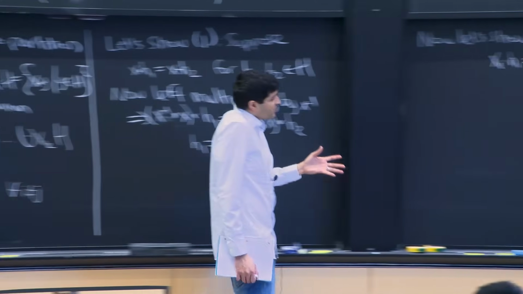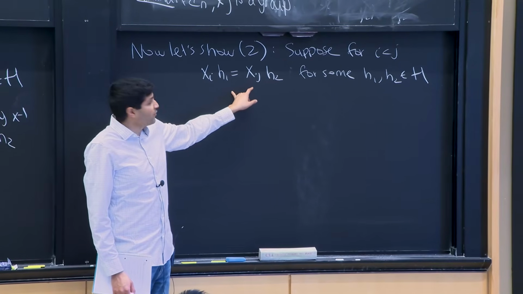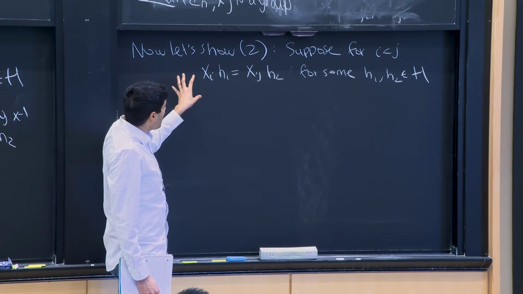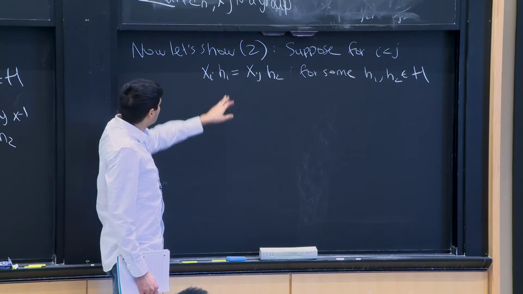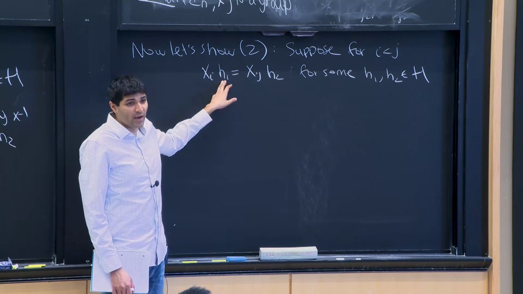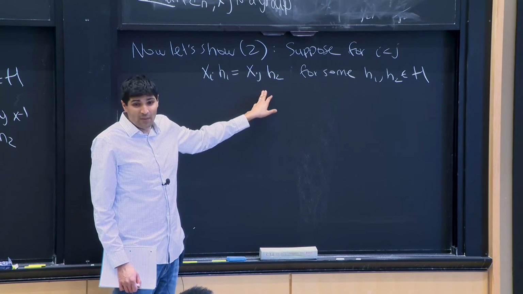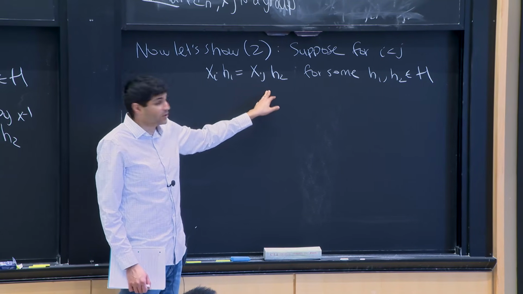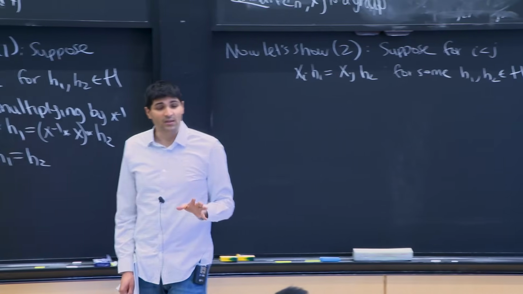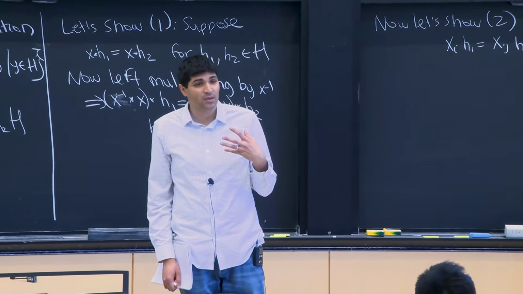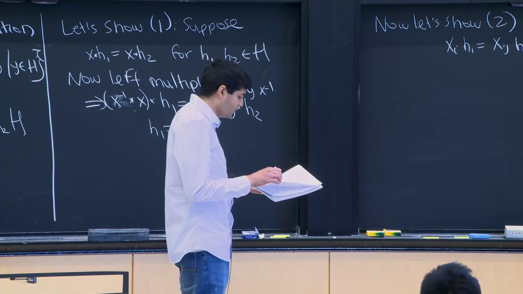Now I want to suppose, for the sake of contradiction, that there's some coset i and some coset j that intersect. That means there's some element I got out of the first, which is xi times h1, and it's the same as the element I got out of the later coset, which is xj times h2. So this is what it means for the two cosets to not be disjoint: they have a collision for some h1 and h2.